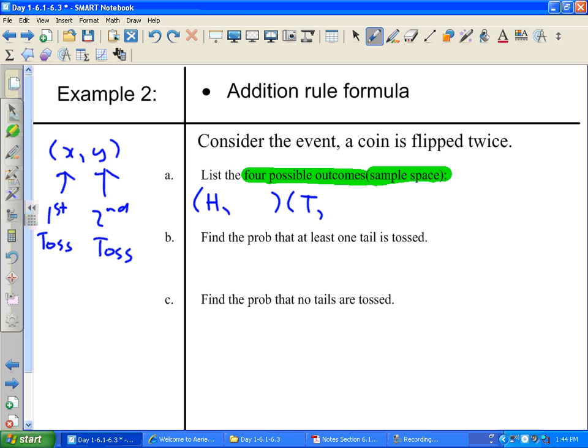My sample space is going to be all the things that can happen. So one of these things can happen is I can get a head on the first coin, and I can get a what on the second coin? A tail. Okay. Another thing that can happen is I get a tail on the first coin and a what on the second coin? A head. What else can happen? I can get 2 tails.